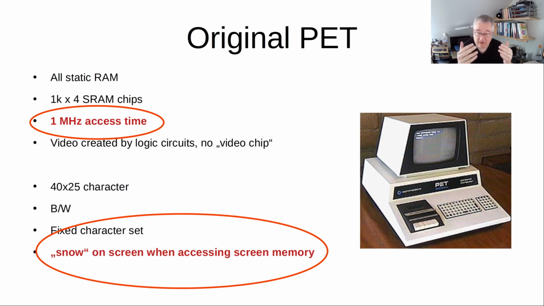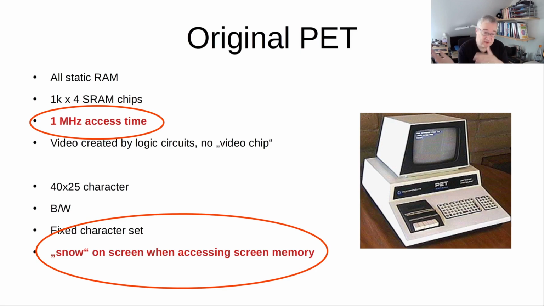and both are running at an access frequency of 1 megahertz, they can't do both. And the CPU has priority over the video. It's not like in the Commodore 64 where the CPU is halted when video needs to access main memory and doesn't have enough time. That's another story.